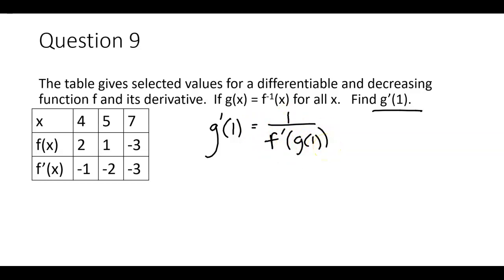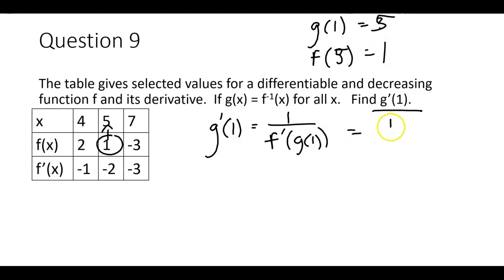Now, if g of 1 equals blank, that means that f of blank equals 1. So which value of x up here has an f value of 1? Well, here's where f equals 1, and there's the x value that goes with it. And so the blank is 5. So f of 5 is equal to 1, which means that g of 1 is equal to 5.